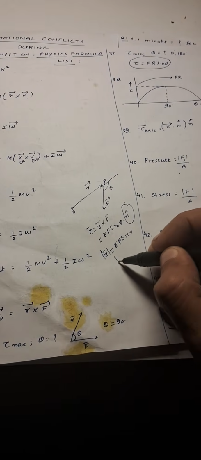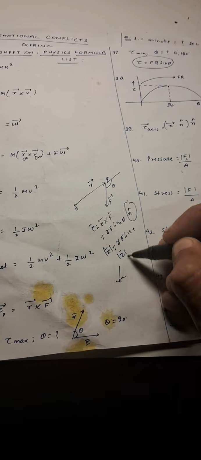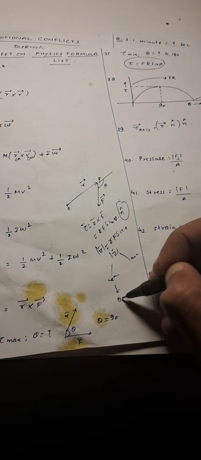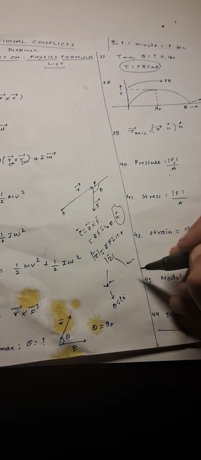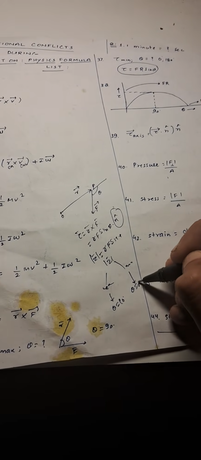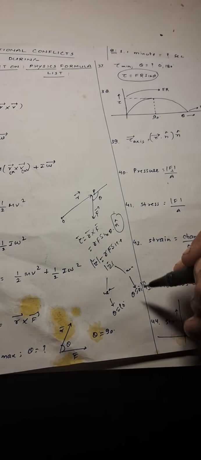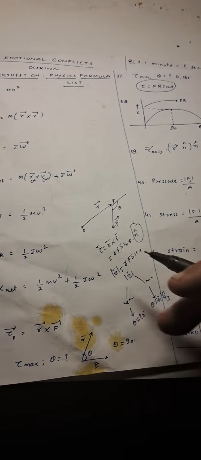From here we can say that this magnitude is maximum when theta is 90, because sine is maximum at 90, and it is minimum at theta 0 or 180. So in both cases torque will be 0. That is how we can explain things in this way.